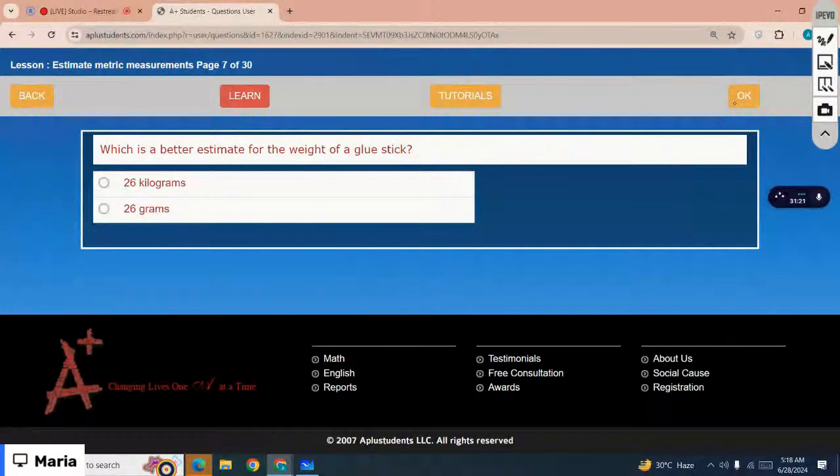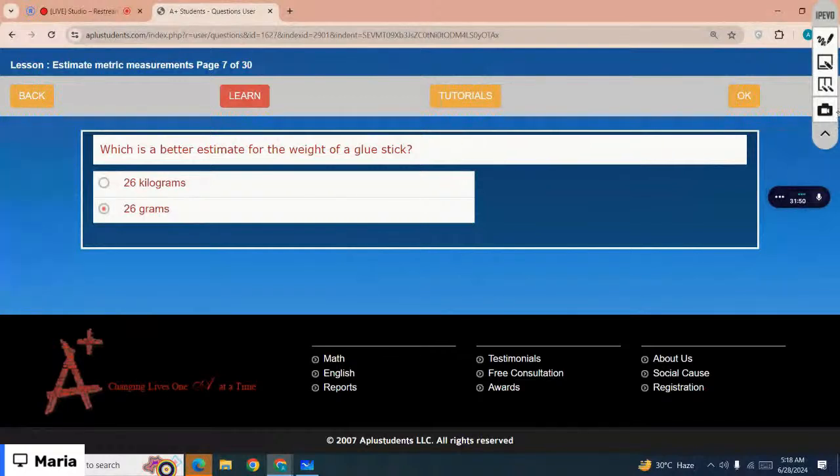Which is the better estimate for the weight of a blue stick? 26 kilograms, 26 grams. Which is the correct option? The correct option is 26 grams.